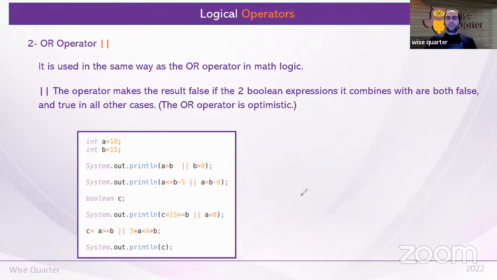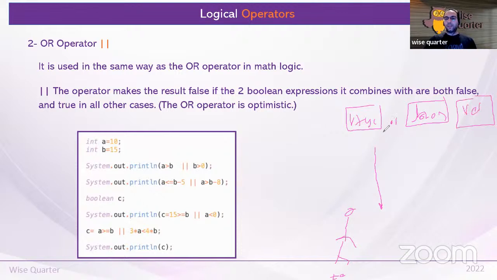Or means, let me explain the same thing with a teacher example. This is the teacher. This is Ayşe and John. Teacher will come: Ayşe or John, please come here. One of them is enough, right? If I use or Willie, Hassan, Ayşe or John or Willie, please come here.